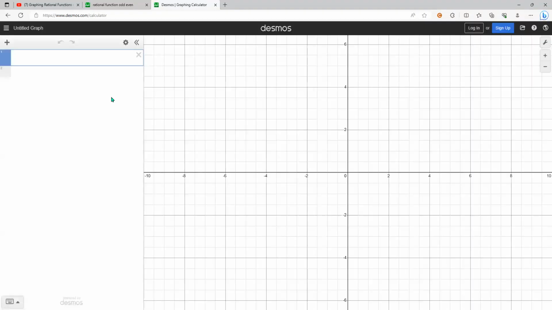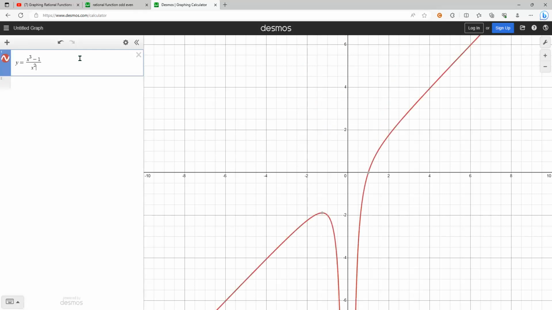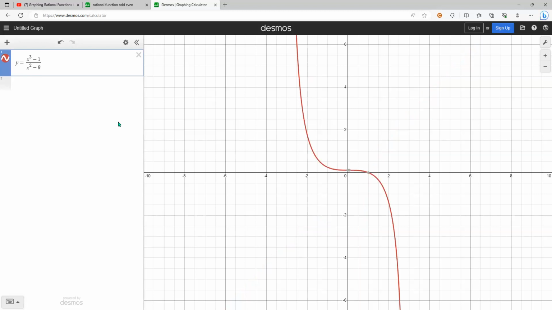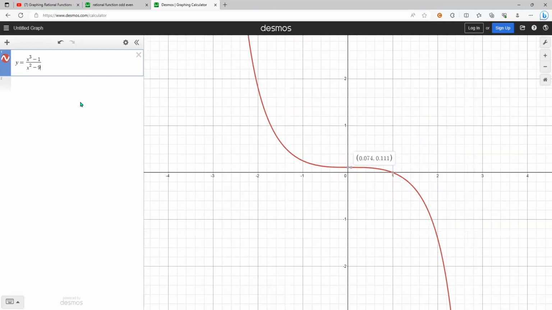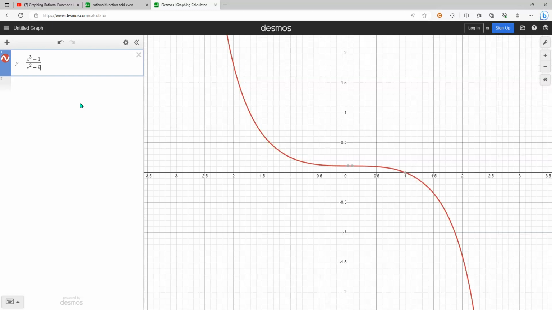You know what? The simplest way is to just use graphing software. Because for A levels, you have access to a GC, a graphing calculator. Here I'm just using the more powerful internet version. Just type in the function: x cubed minus 1 over x squared minus 9, right?